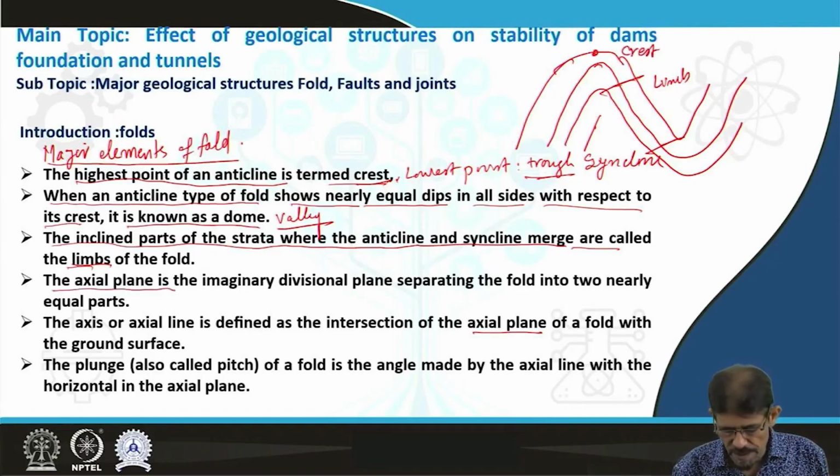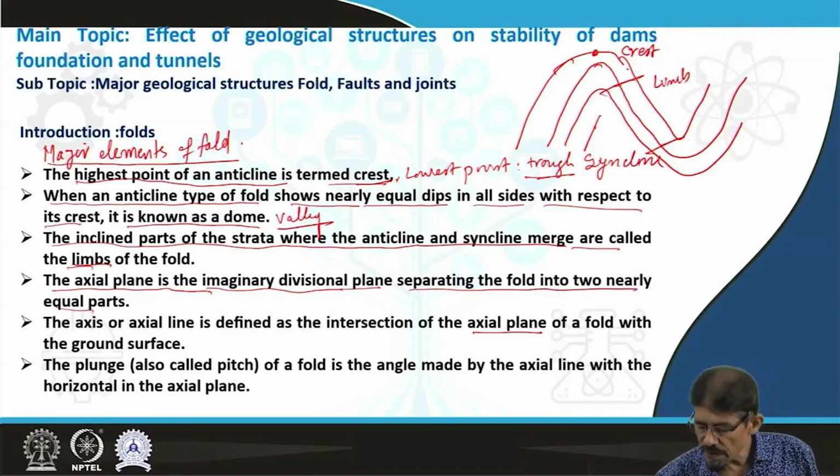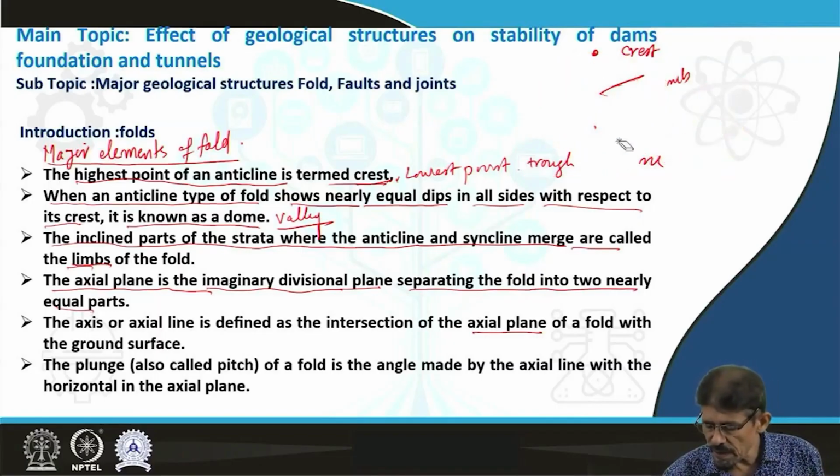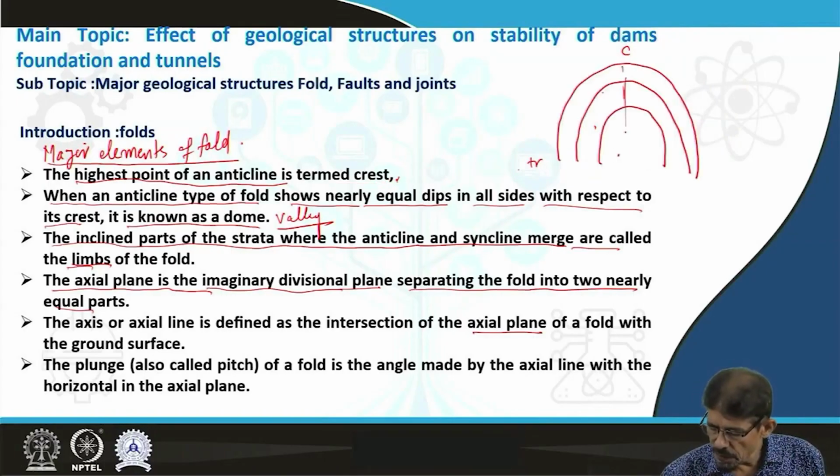The axial plane is the imaginary divisional plane separating the fold into two nearly equal halves. In 3D, if we draw it, we can see this line equally divides the fold into two equal halves.